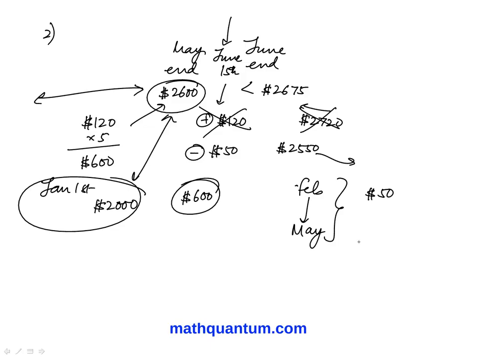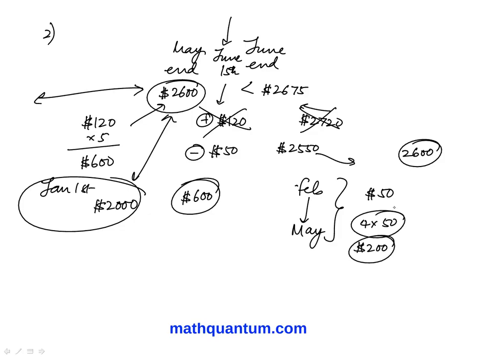So I know that the balance at the end of May is 2,600, and for these 4 months, May through February, I would have withdrawn 4 times 50, which is $200.